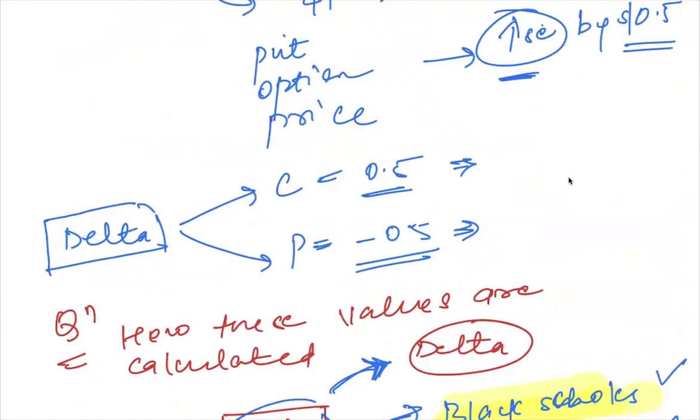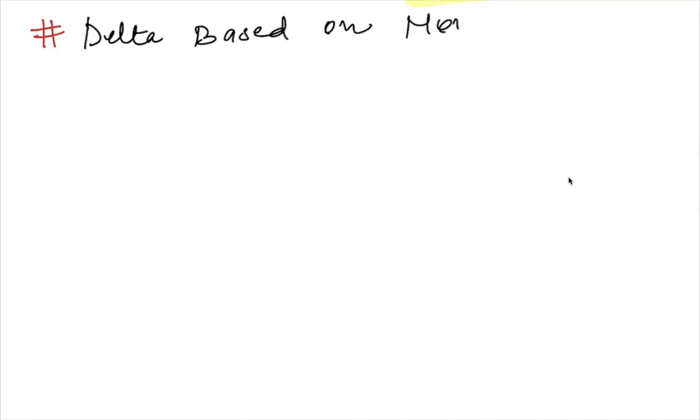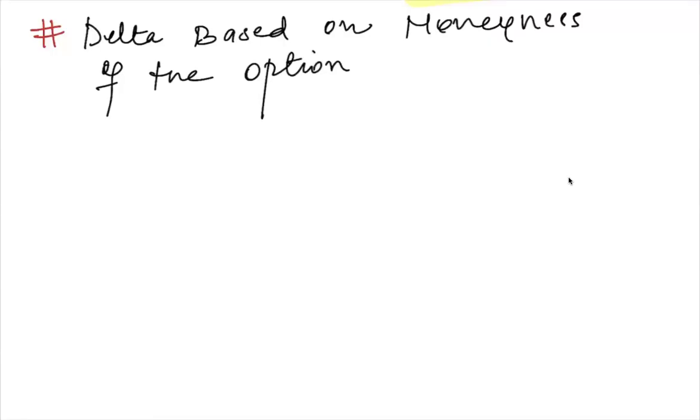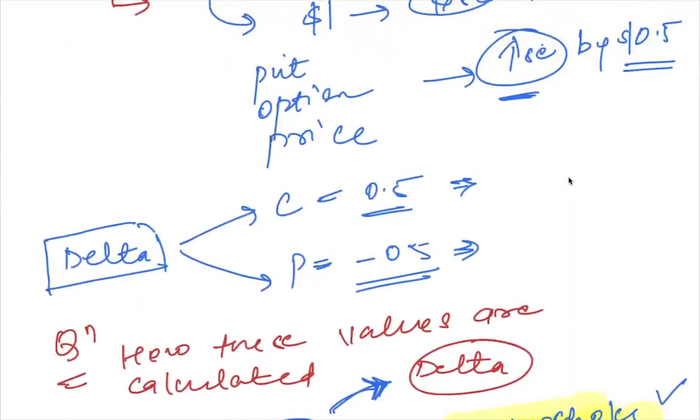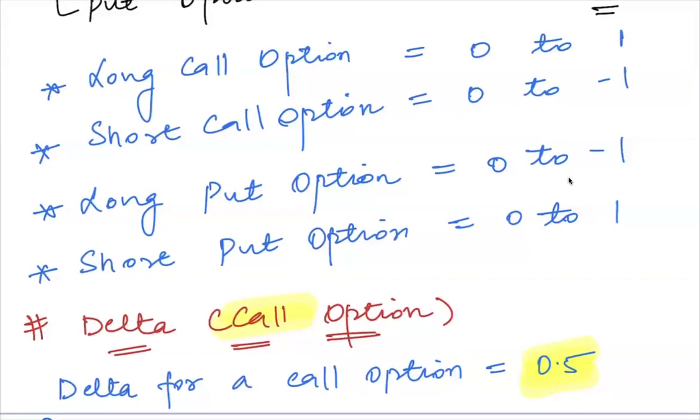Okay, perfect. Now let's understand the meaning of delta based on the moneyness of the option. A simple way to remember this whole thing is by using this timeline.